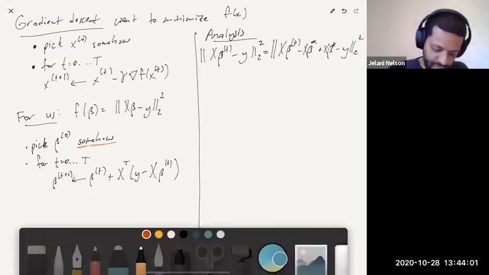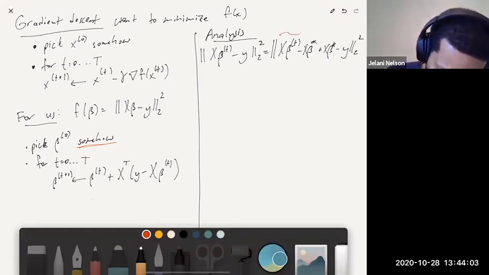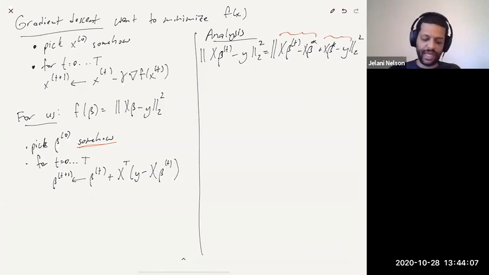This is a trick that we've already seen before. These two vectors are orthogonal to each other, because the first vector is definitely in the column space of X, and the second vector is orthogonal to the column space of X, because the optimal beta star is the thing that kills the part of Y which is in the column space of X. So X beta star minus Y is basically Y perp, the projection of Y onto the orthogonal space.